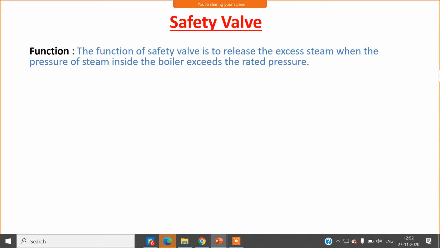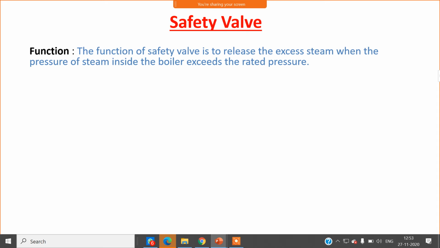Next is the safety valve. The function of the safety valve is to release the excess steam when the pressure of steam inside the boiler exceeds the rated pressure.